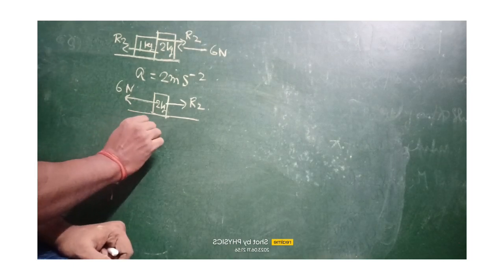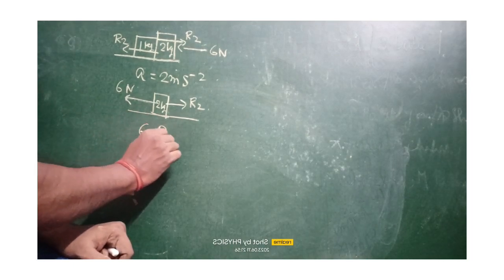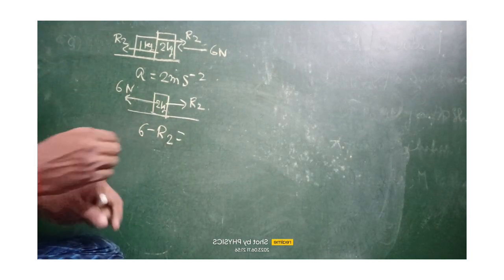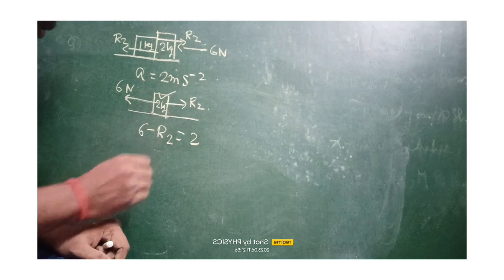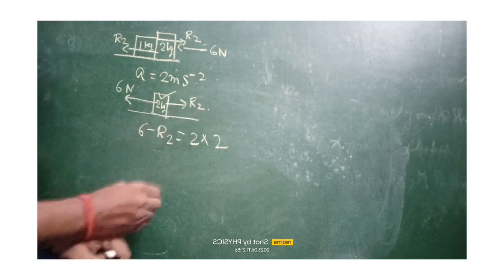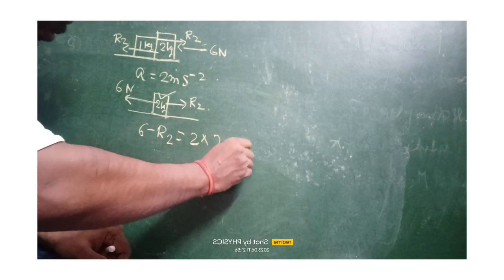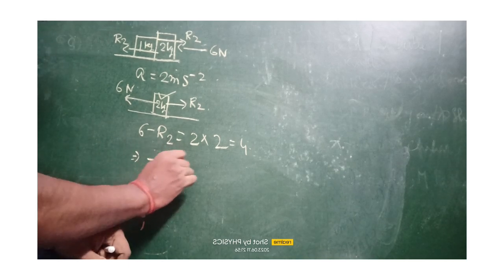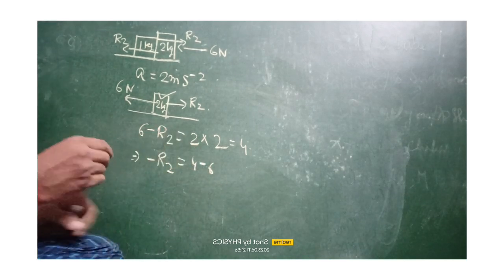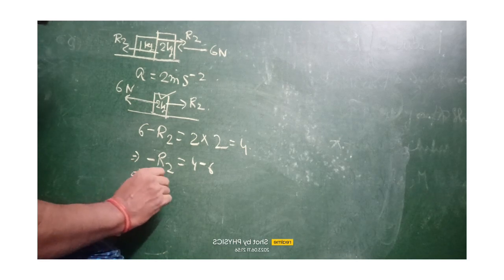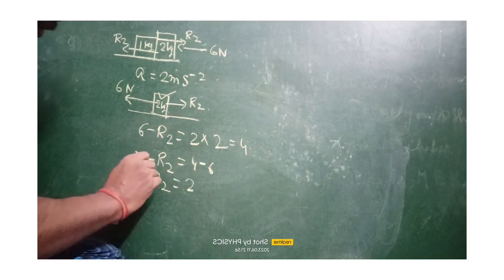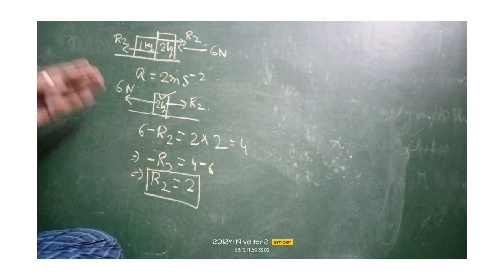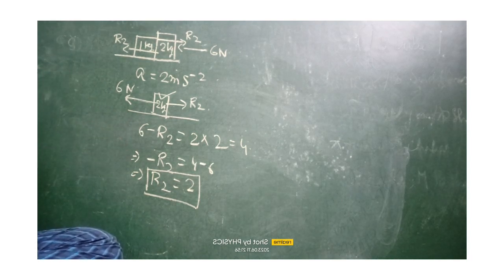So 6 minus R2 is equal to m into a, mass into acceleration. Mass is 2, acceleration is 2, so we have that is 4, and minus R2 is equal to 4 minus 6, that is R2 is equal to 2 Newton. Here the R2, that is the normal reaction force, is 2 Newton.